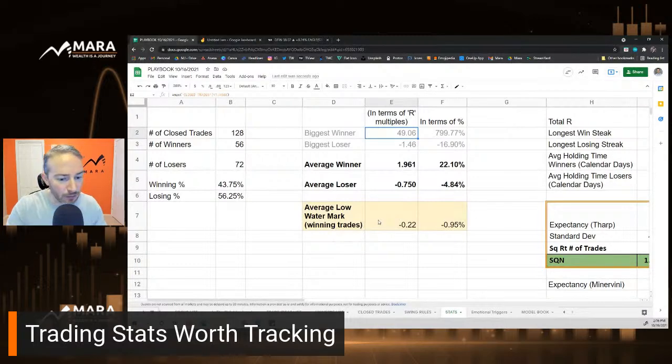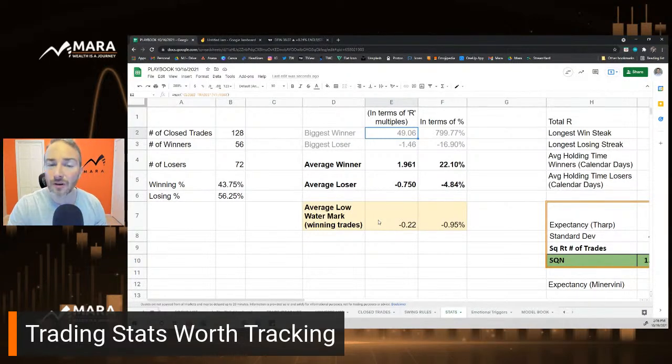Sometimes you'll see people talk about options and say they made 500% on an options contract. Yeah, options contracts can multiply that quickly, but it's less impressive if you think about it as, I made 5R on a trade. 5R is still freaking fantastic, but it doesn't sound as good as 500% on a trade.